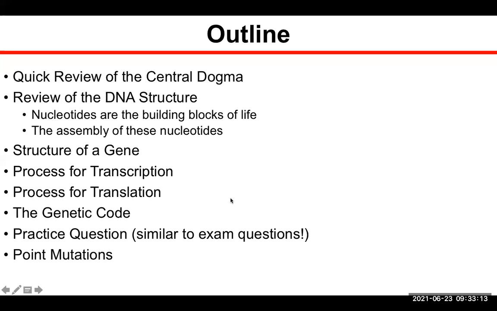But the questions I'm posing are going to be basically some variation of this on the exam. So, take it seriously. And then I'm going to talk about point mutations and what this means for the genetic code.